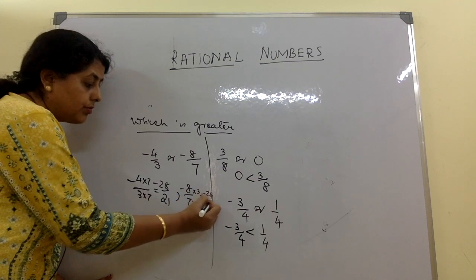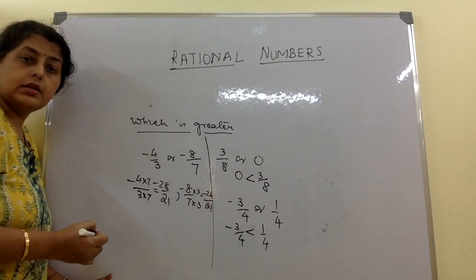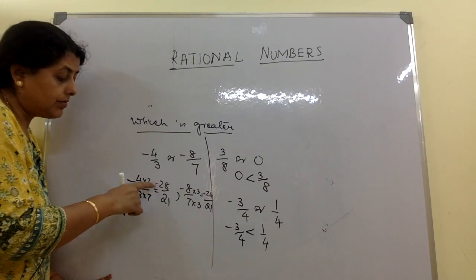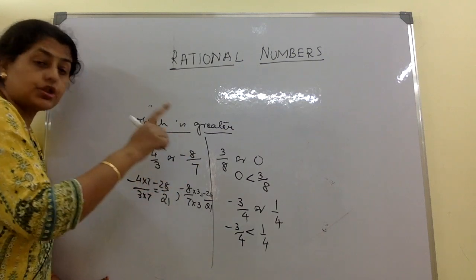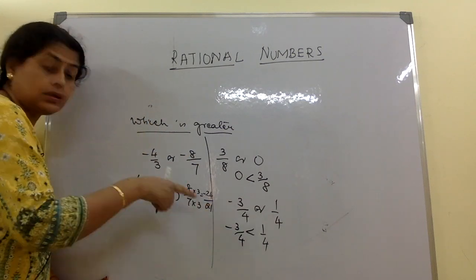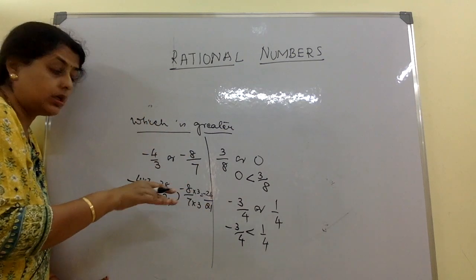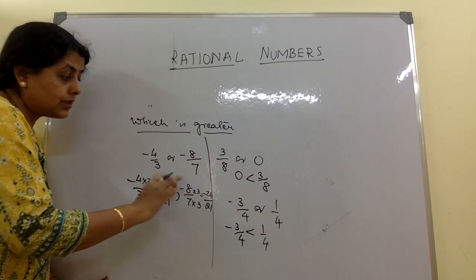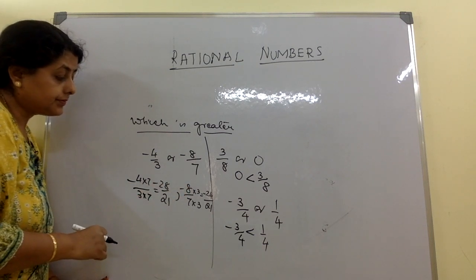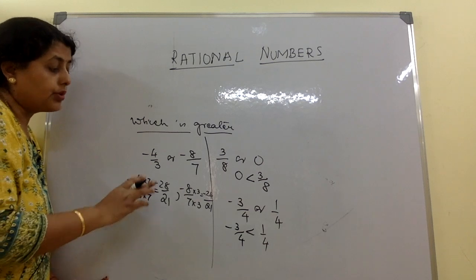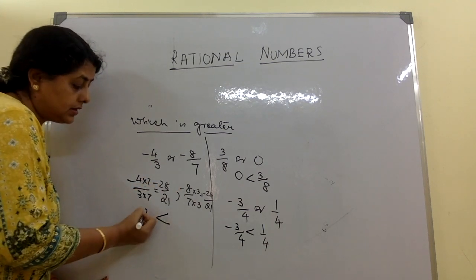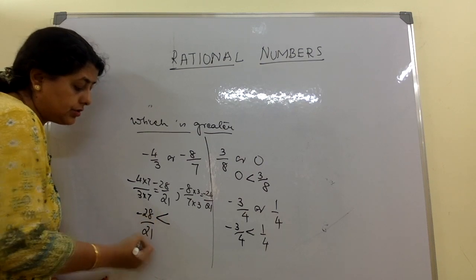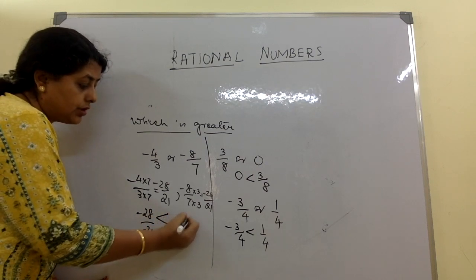Minus 24 by 21, yes, minus 24 by 21, minus 28 by 21. Now which is bigger? Now it is just like the other sum which had the same denominator. Minus 24 is definitely bigger than minus 28. So this is how we are going to write.